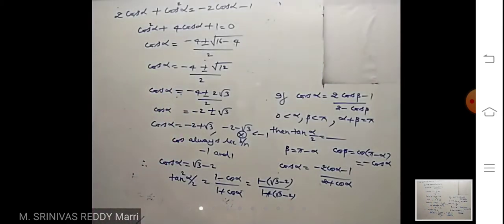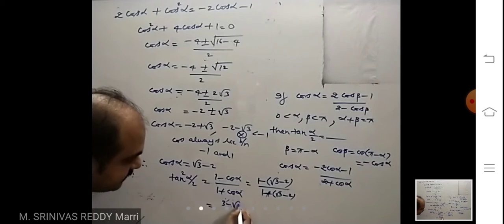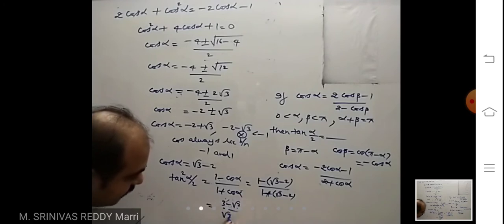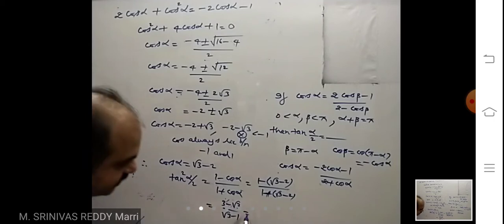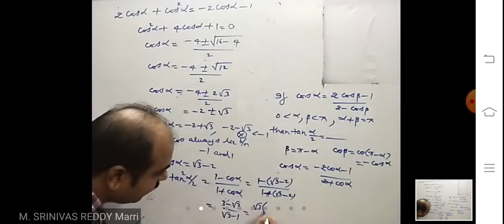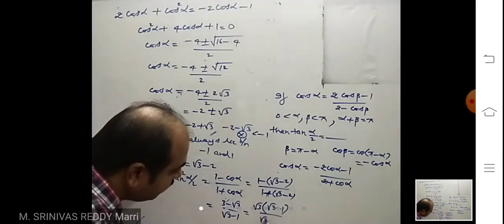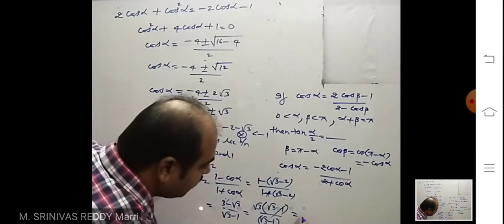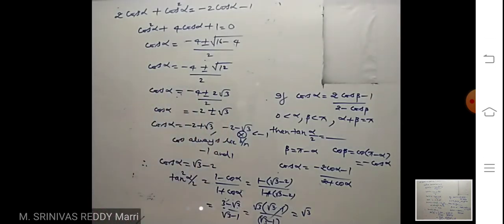That is 1 plus 2, so 3 minus root 3, divided by root 3 minus 1. Now take root 3 common: root 3 times (root 3 minus 1) divided by (root 3 minus 1). So this is root 3.